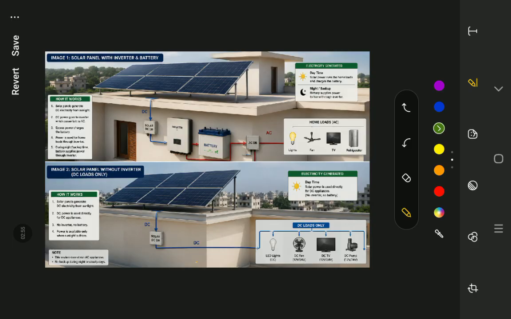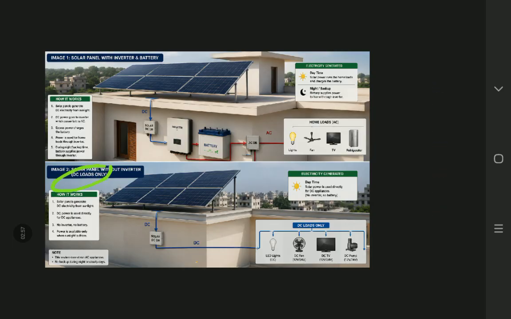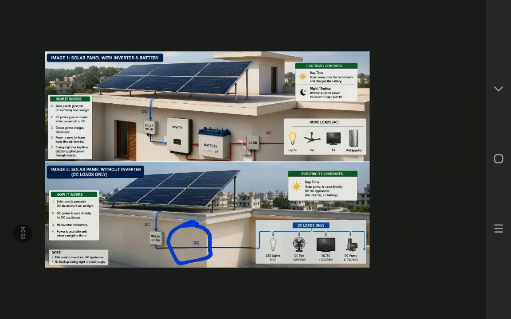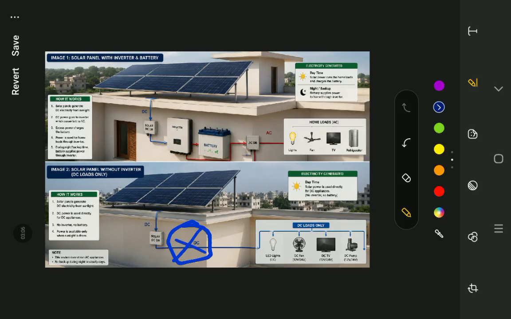Next, solar panel without inverter which gives DC loads only. This is the main point here. DC loads means it is not connected with any inverter or battery.